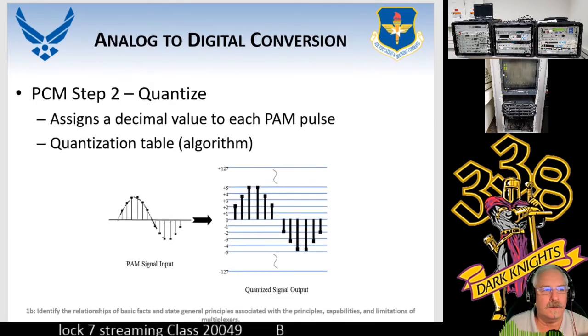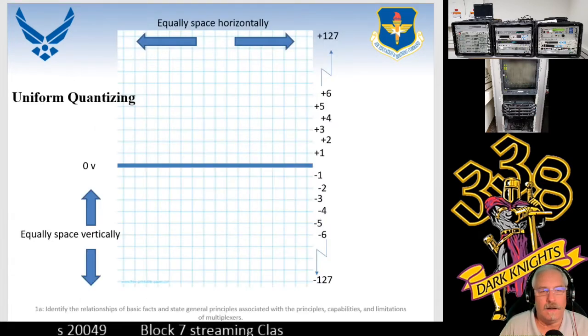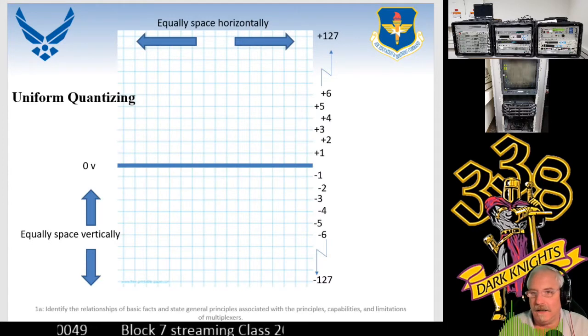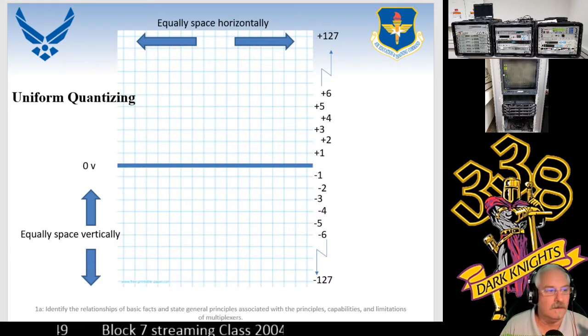When we get into the second step, we're going to put it on a decimal chart. Now, it's called a quantization table, and it goes from a plus 127 down to a negative 127. The easiest way to explain it, in my opinion, is taking a graph paper and applying all those numbers to it.